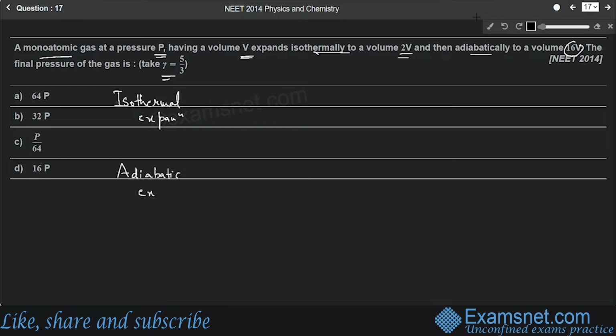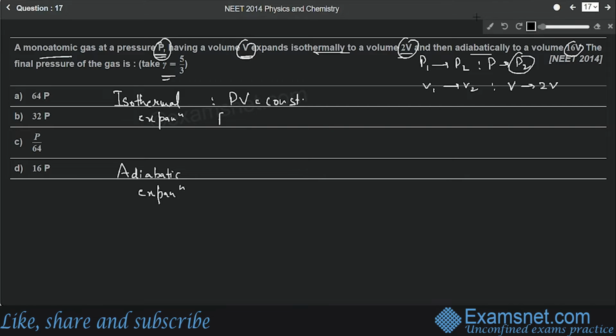So in case of isothermal expansion, pressure will change from P1 to P2 and volume will increase from V1 to V2, right? And it is given that initial pressure is P and initial volume is V. Final volume is 2V. So the volume increases from V to 2V and pressure changes from P to P2. P2 is unknown. So we know that in case of isothermal expansion, PV is constant.